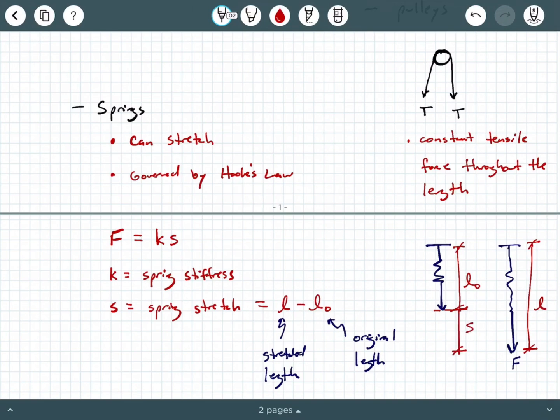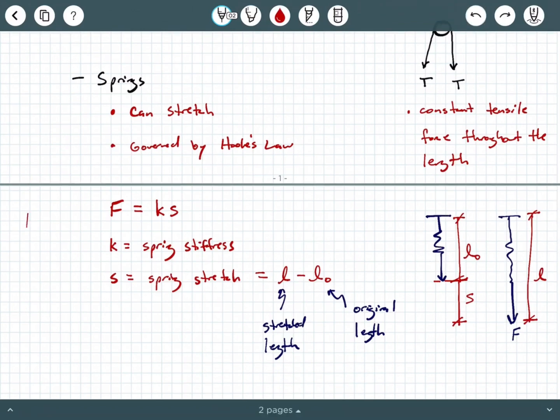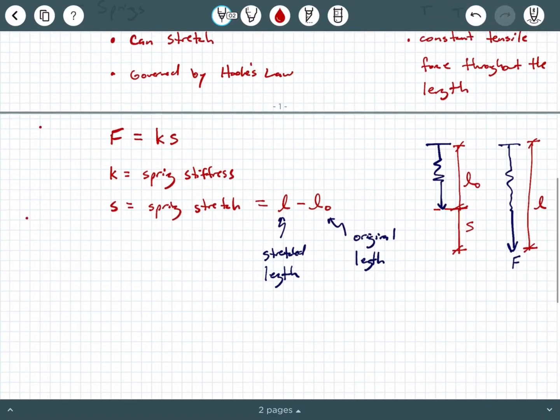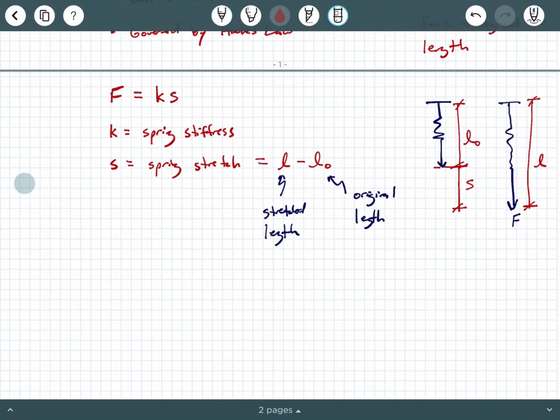The difference between the two right here, that's S, the spring stretch. These are situations that we're going to come across in both 2 dimensions and 3 dimensions. By the way, we are going to start with 2-dimensional systems, but we're going to quickly apply these same concepts in 3D as well.